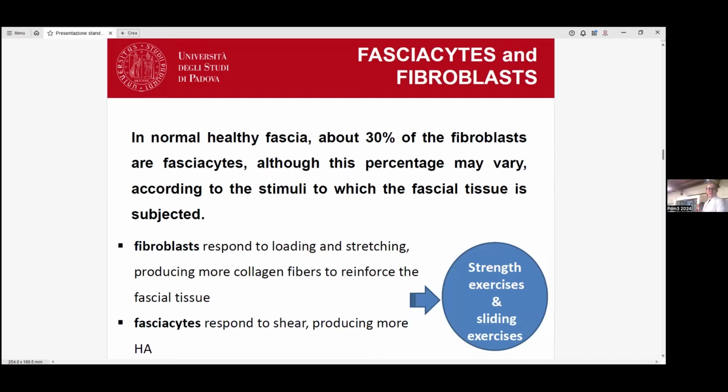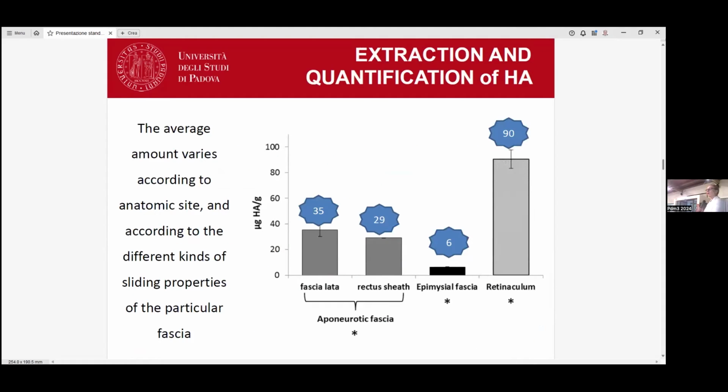So we can affirm that we have estimated that in healthy fascia, almost 30% of the fibroblasts are really fasciacytes, so they are devoted to producing hyaluronan and not extracellular fibrous matrix. We were also able then to quantify the amount of hyaluronan in the different types of fascia.